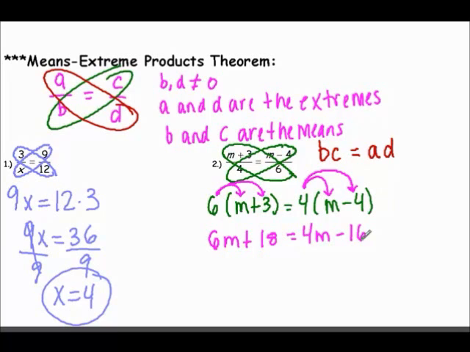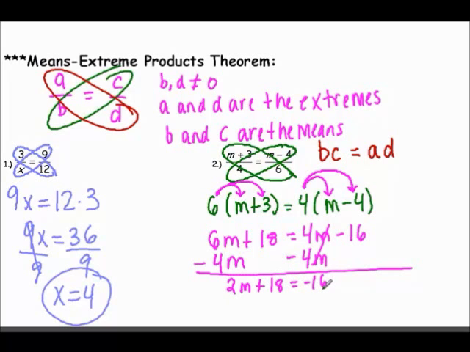Now we have an equation with variables on both sides. I'm going to subtract 4m from each side to keep my variable positive, left with 2m plus 18 equals negative 16. To get the variable by itself, I must subtract 18 from both sides.